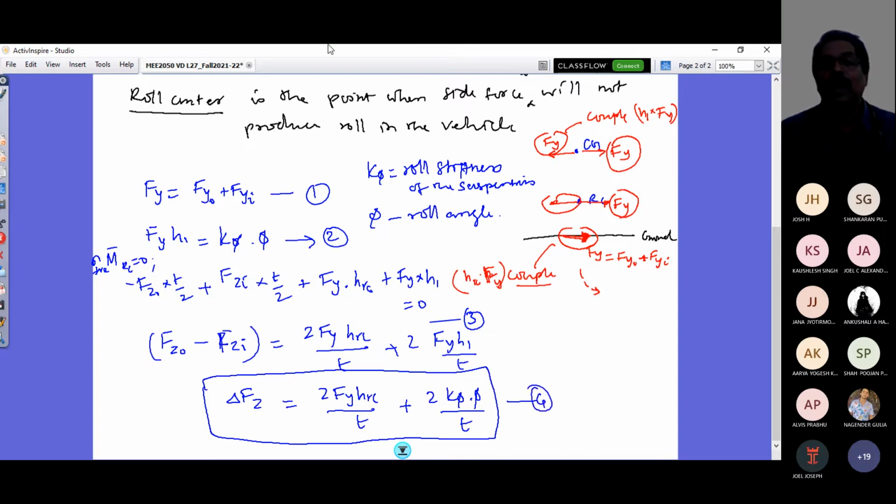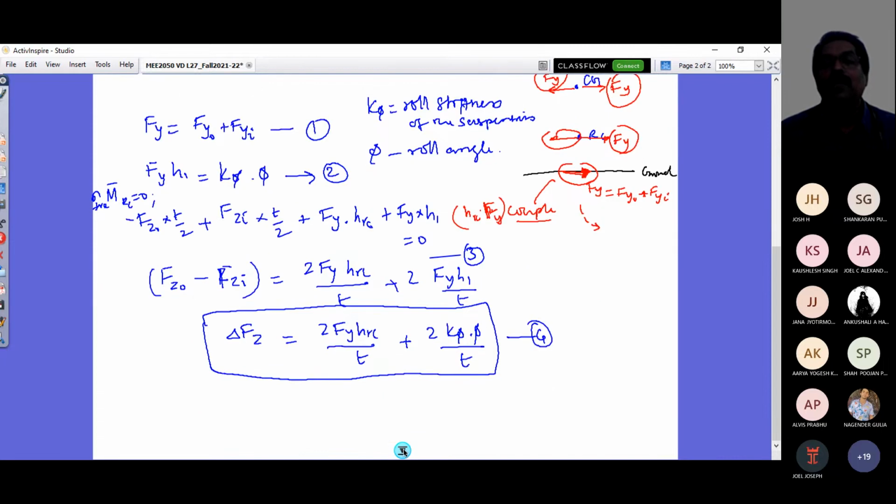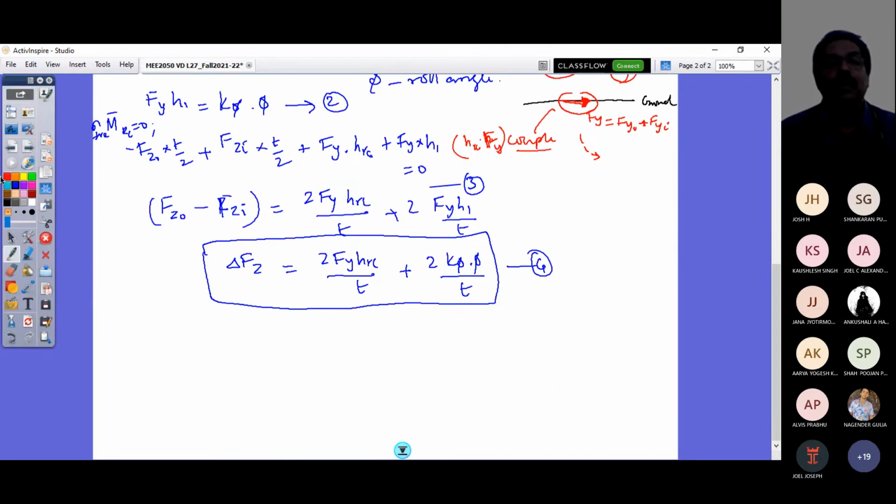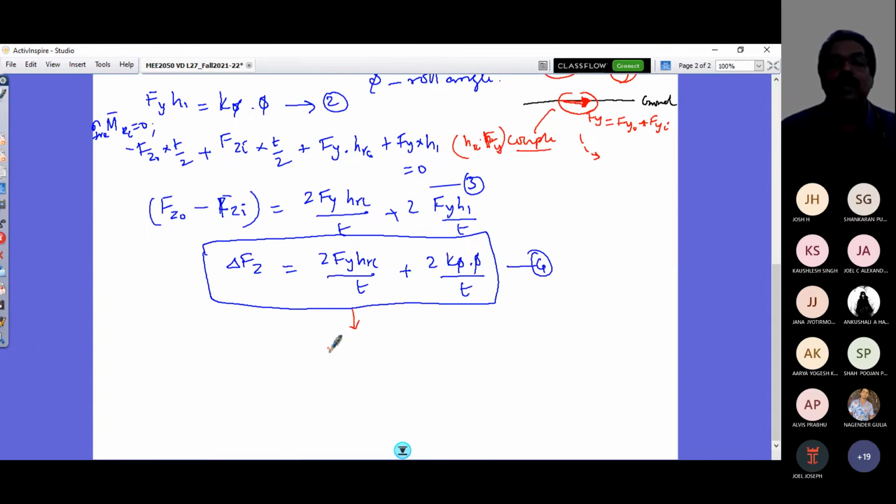So here, if you look at the two terms, they are referring to two important mechanisms of load transfer of the vehicle roll. The first term here is due to lateral load transfer. Correct. The first one is what is due to lateral load transfer due to cornering force.